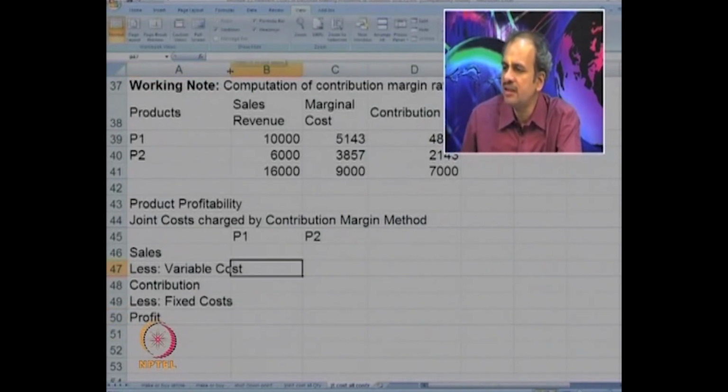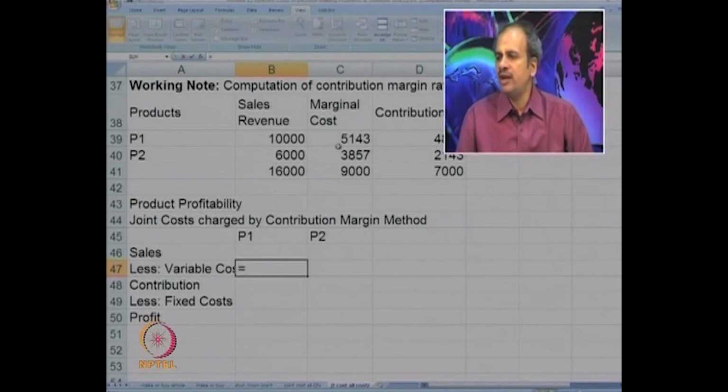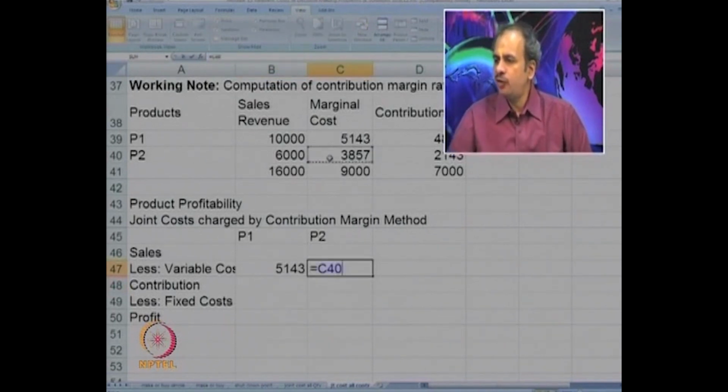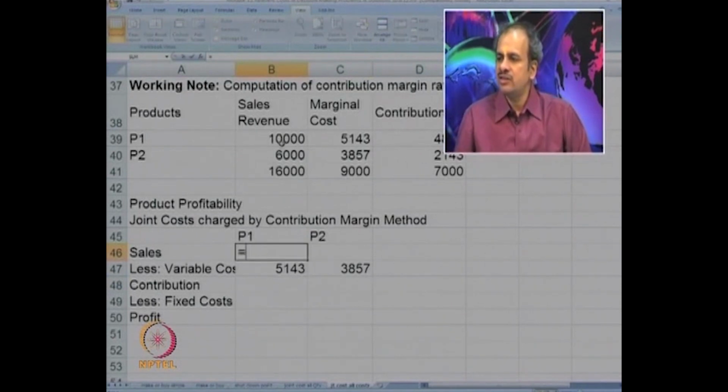Now, how much is the variable cost of P? Actually speaking, we don't know, but we have worked it out, we have estimated. So, we will go by that. For P1 and for P2, we have calculated it as 5143 and 3857. And we also know their sales, which is 10,000 and 6,000.